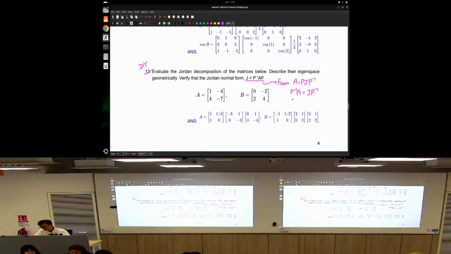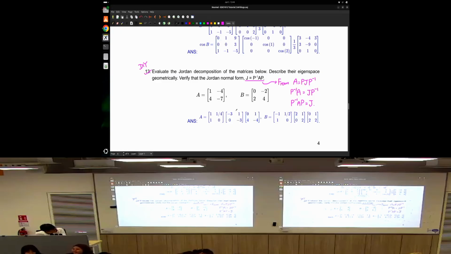Then if you multiply by P on the right side, this will give you J. So what you need to do, after you get the Jordan decomposed form, is just take P inverse times A times P.